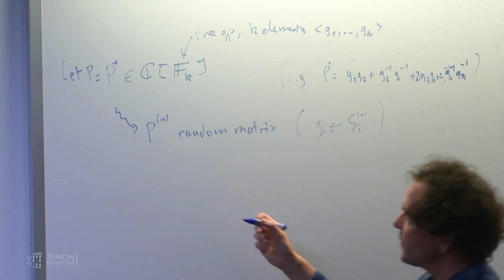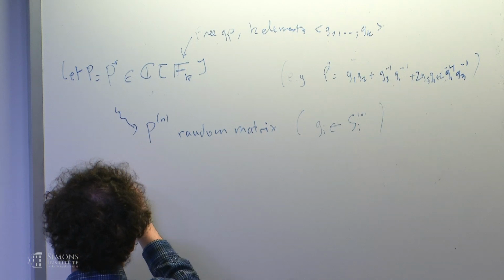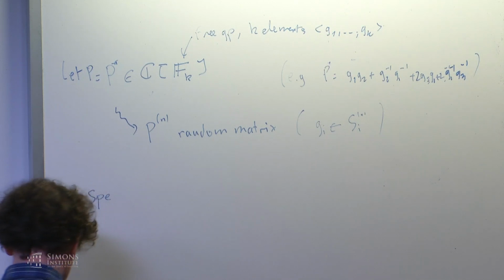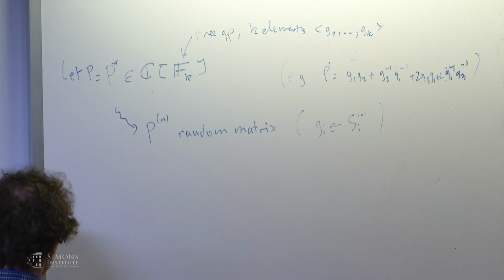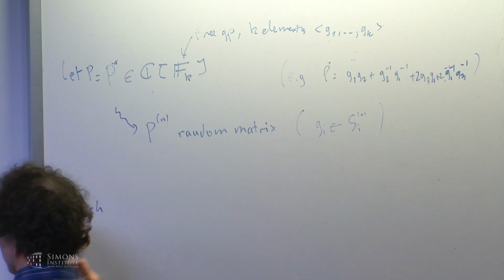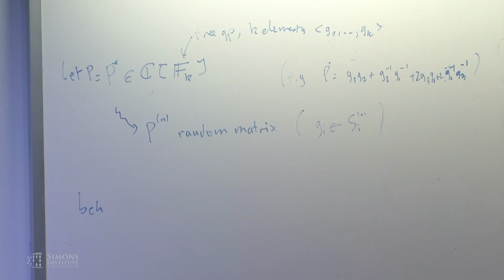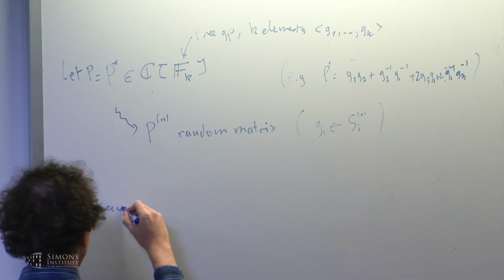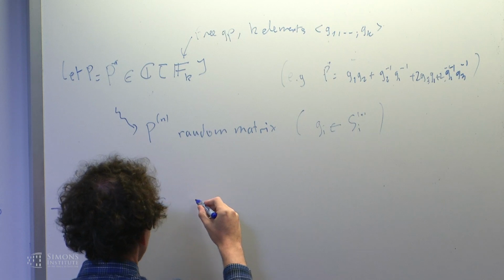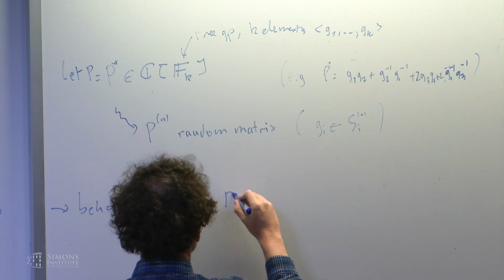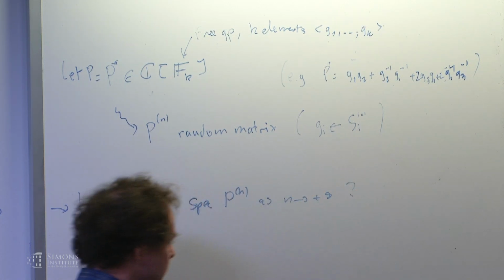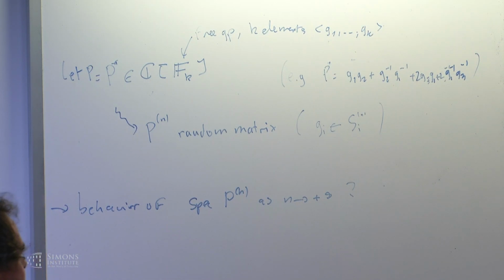So specifically, we are interested in the spectrum. So what I mean by joint behavior here is the behavior of the spectrum of Pn as n goes to infinity. So in my problem, P is given, and I would like to see what happens.